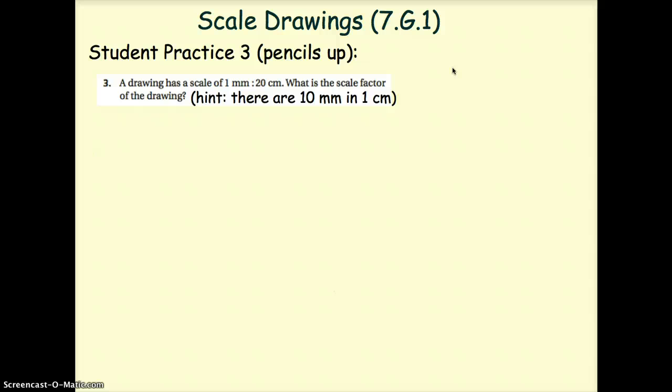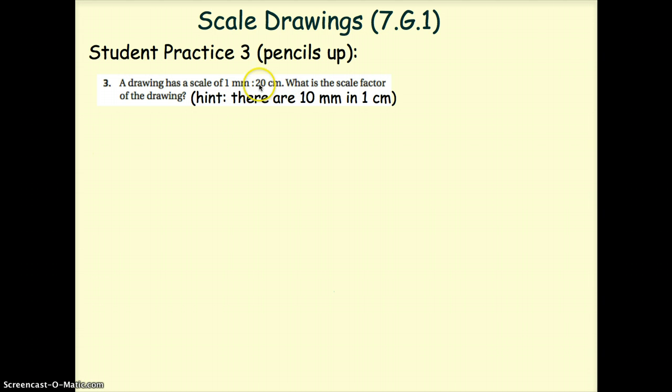Okay, let's go ahead and look at our scale factor. Now notice they've already given us the scale, 1 millimeter over 20 centimeters. We don't have to do that part. All we have to do is get rid of the units. Because the numerator is already a 1, we want to leave that one alone, and we want to turn 20 centimeters into millimeters.